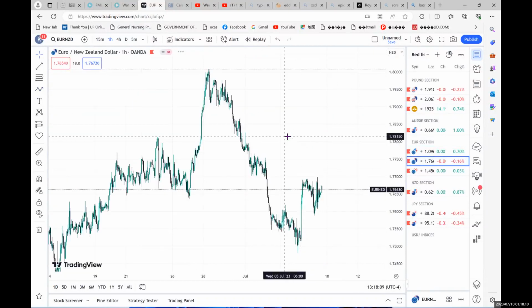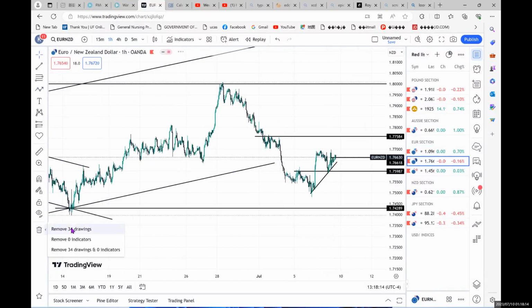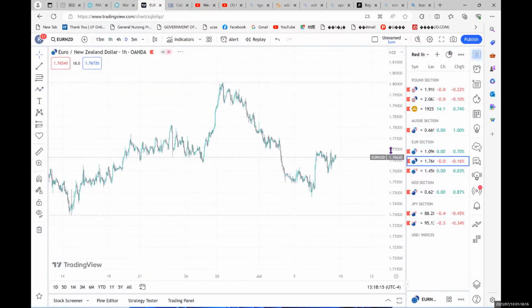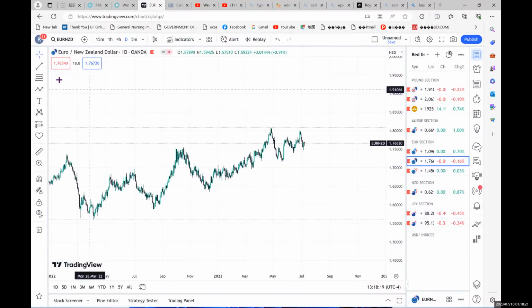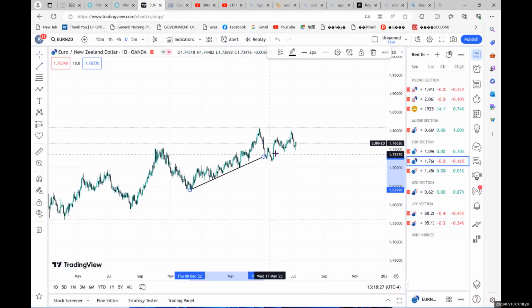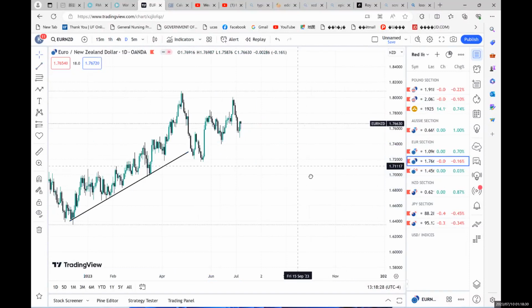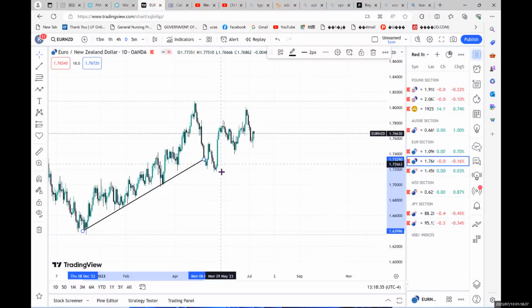The next pair is EUR/NZD. Let me clear out this chart. Check the daily again. And to me, it's kind of bullish. You can see here, price broke out of this trend line, but it started breaking highs and giving us bullish properties.